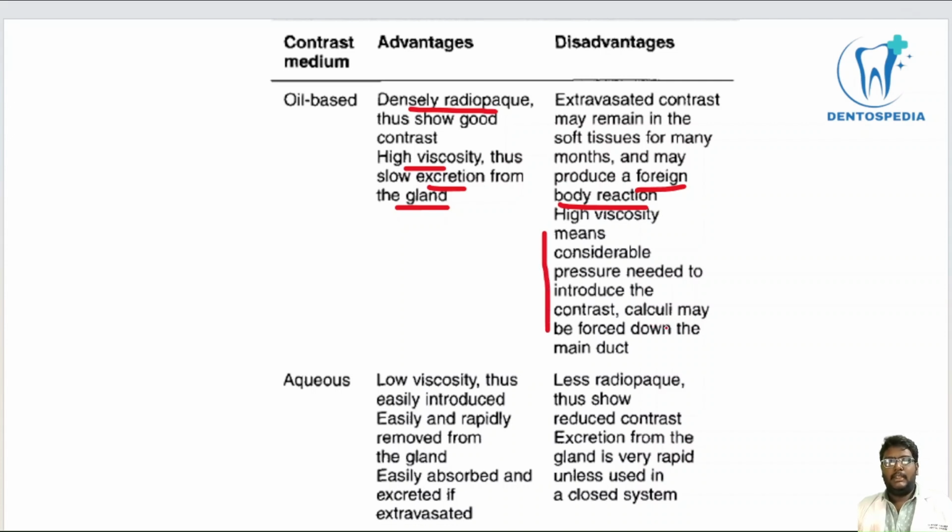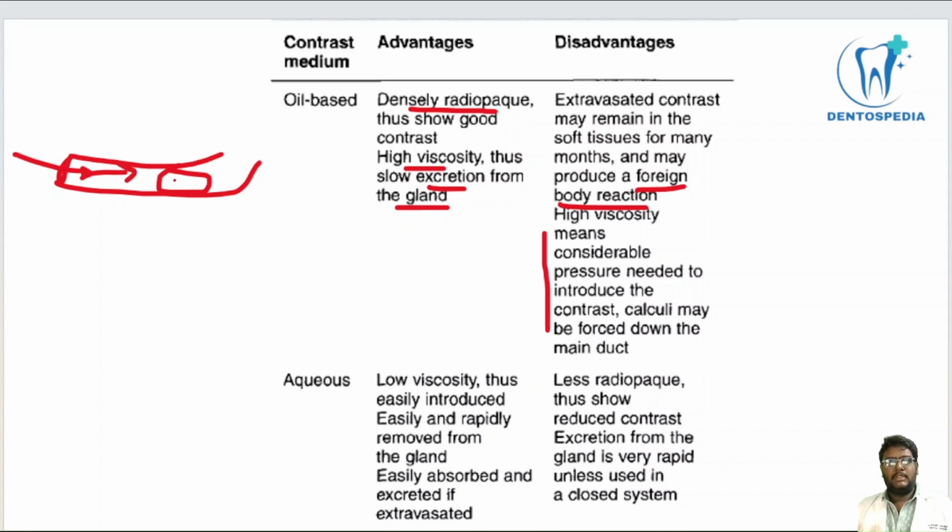And calculus may be forced down into the main duct. For example, this is the orifice and this is a glandular duct, and you are suspecting there is a stone here. Then you are injecting oil-based contrast media because you need greater contrast. But the disadvantage is when we are using highly viscous oil-based media, we have to inject with high pressure.